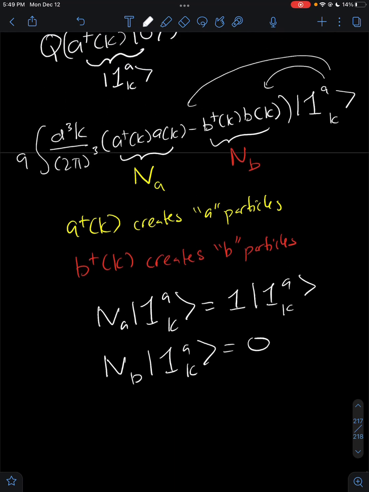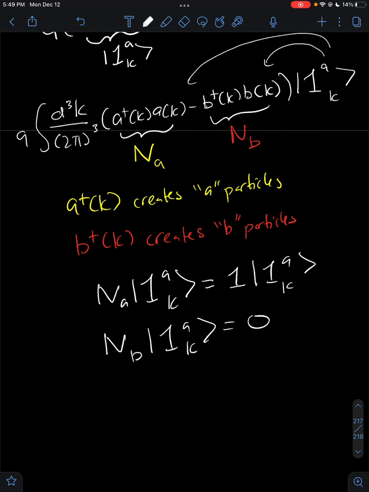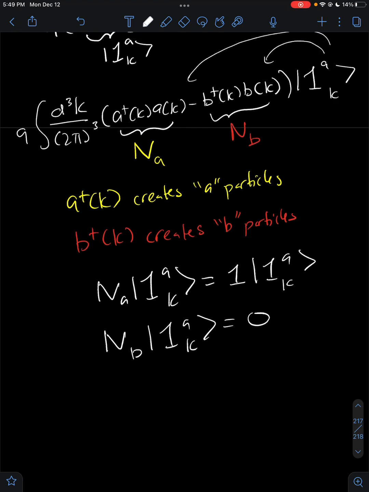So that's telling us that we have 0 B particles, right? And we can find this explicitly if we use our commutation relations, just like how we did in the video on the creation and annihilation operators. But basically, since there are no B particles in the state, when the number operator acts on the state, we're going to get 0.